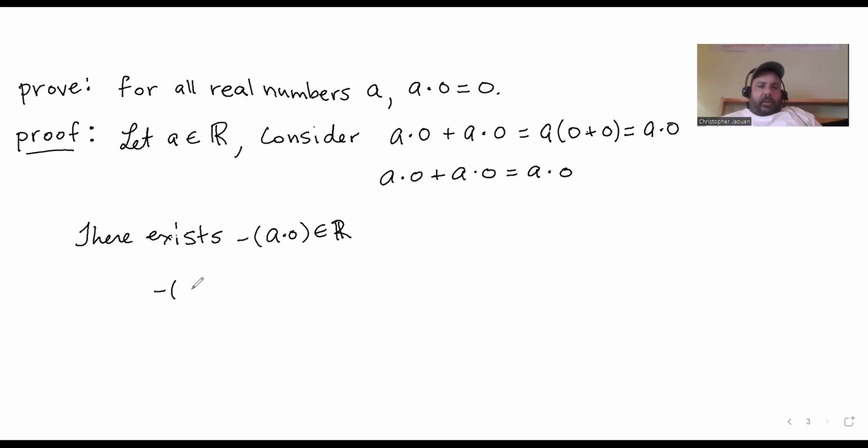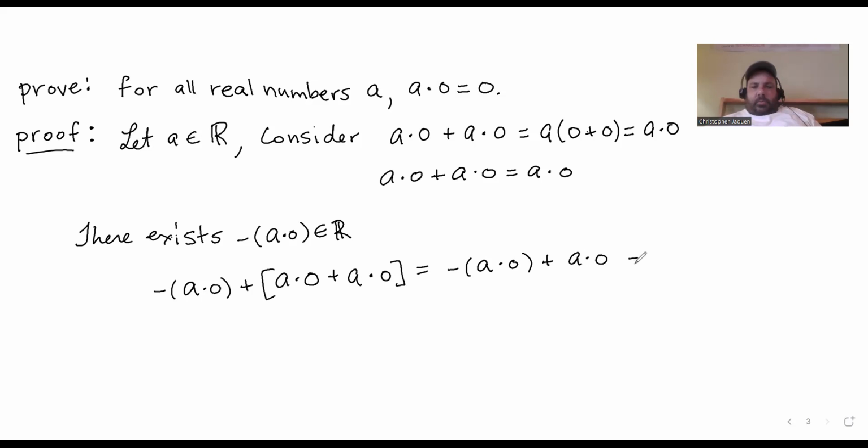So negative A times 0 plus A times 0 plus A times 0 equals negative A times 0 plus A times 0. Okay, and this is equal to 0 by the definition of an additive inverse.